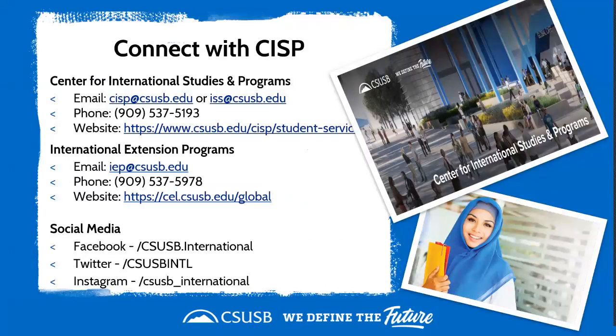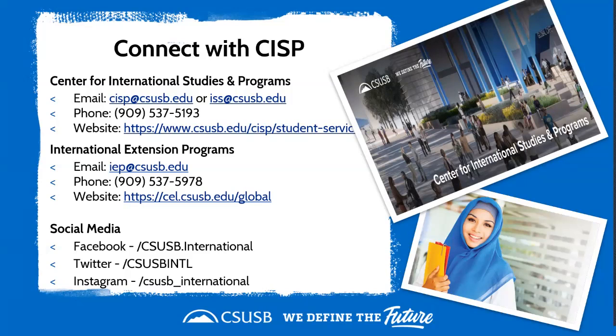Connecting with SIS. There are several ways to connect with us, whether it's via email, phone, or our website. Our website is where you can find the online forms to submit requests to our office. For international programs, you can contact them at iep@csusb.edu, by phone, or even by their website to gain additional information.